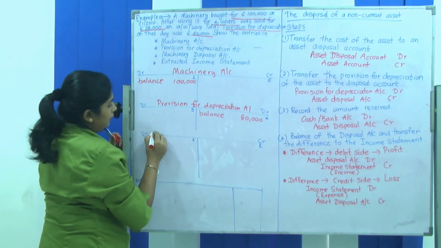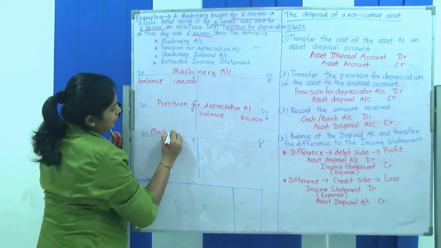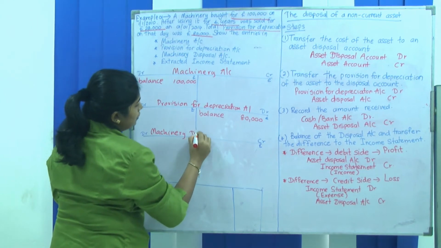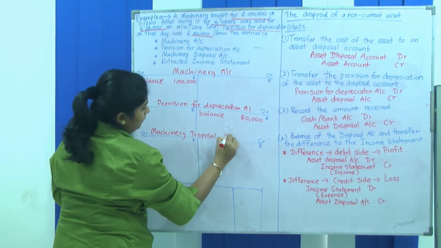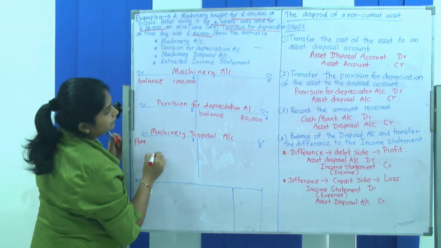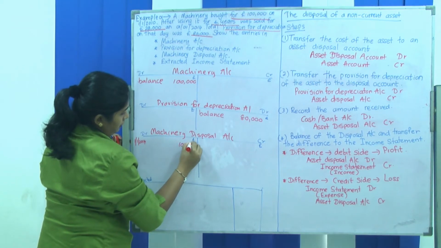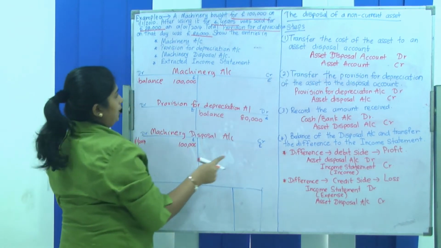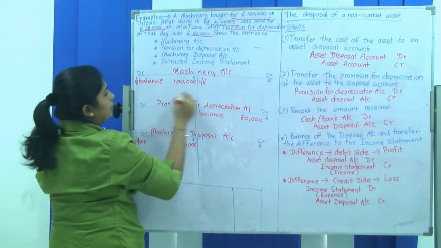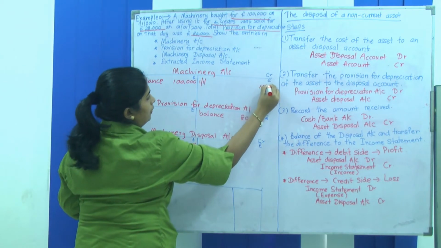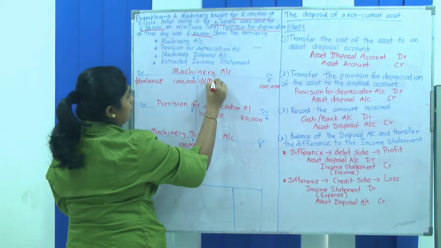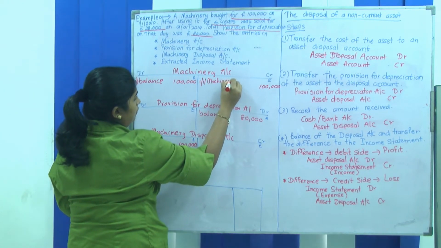So for the double entry, according to this sum, it's machinery that we are going to sell, so the machinery disposal account will be debited on 1st of January 2014 with 100,000, and the particular asset, that means according to this sum the machinery account, will be credited with 100,000. Now you know you have to exchange the names. In the machinery account you can write machinery disposal.